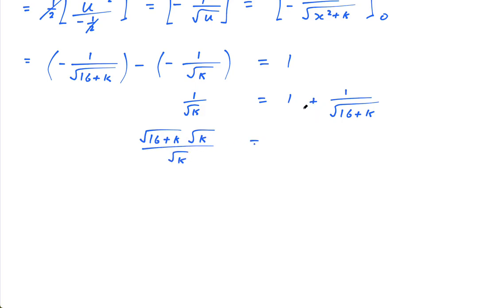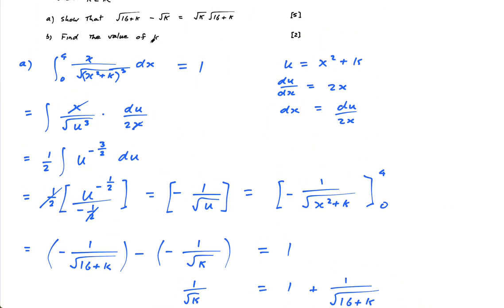I'm going to multiply the 1 by root 16 plus k and root k, and I'm going to multiply this by root 16 plus k and root k all over root 16 plus k. This cancels with this, cancels with this, and what am I trying to show?